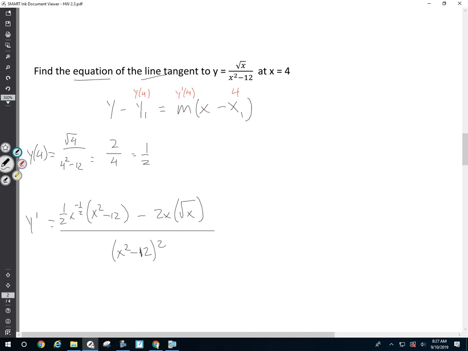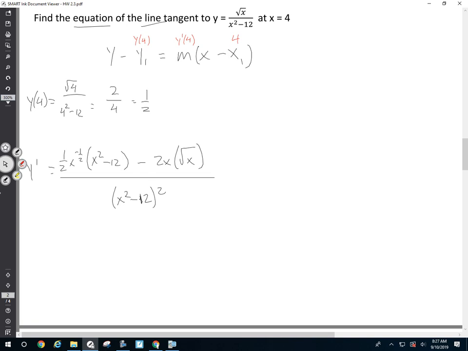Kind of messy, but I'm not going to simplify this too much, because the more I simplify, the more mistakes I might make, and I just need to figure out what this tangent slope is at 4. So I'm going to leave this with one exception, this negative exponent. I need to know that this is 1 over 2 root x, or 1 over 2 x to the 1/2. That'll help me when I'm doing my calculations.